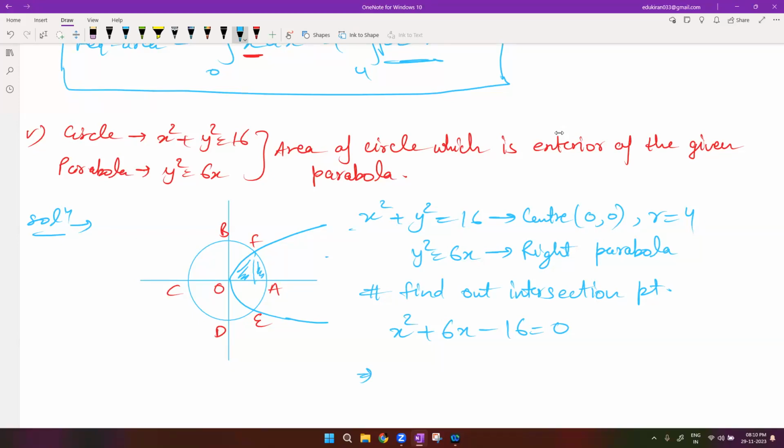So to find out the intersection point, put y square is equals to 6x in x square plus y square is equals to 60. From here, I can find out the intersection points, which are (x plus 8) and (x minus 2).